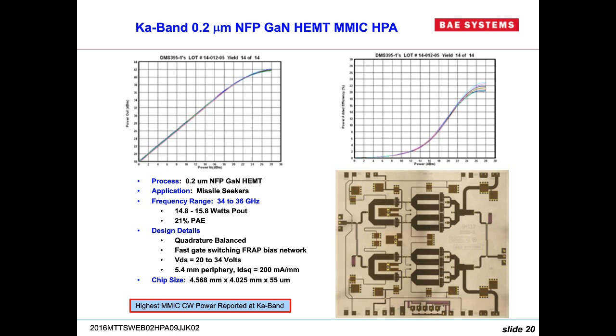Like most field effect transistors, the principal nonlinearity is your transconductance curve. Typically it's a bell-shaped curve for a HEMT, and you're operating off one side of that curve, which gives you asymmetry to the distortion and allows those distortion components to exist.